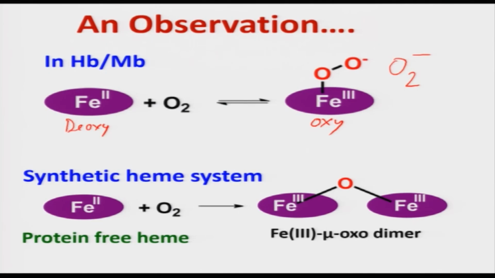So, you see the difference: in hemoglobin and myoglobin, this heme center carries dioxygen reversibly. However, the same heme center without the protein chain converts to the iron 3 mu oxodimer. So, that means it does not bind dioxygen reversibly.